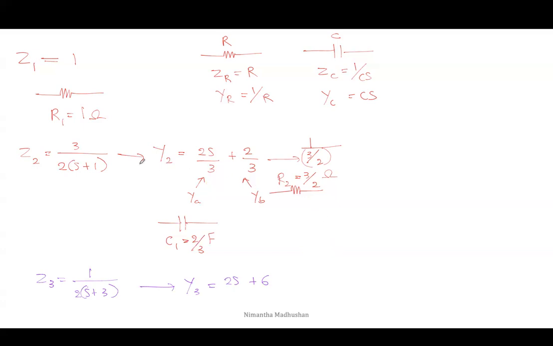Same as Y2, this component will be a resistor. This one is R3, value is 1 over 6, because I can write this as 1 over 1 over 6. And this element is a capacitor. C2 value will be 2 farad.